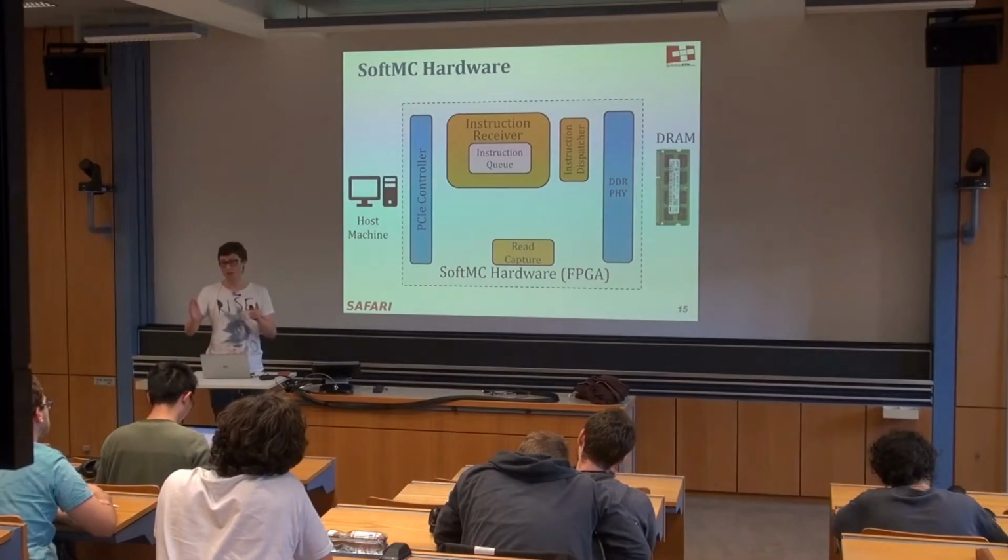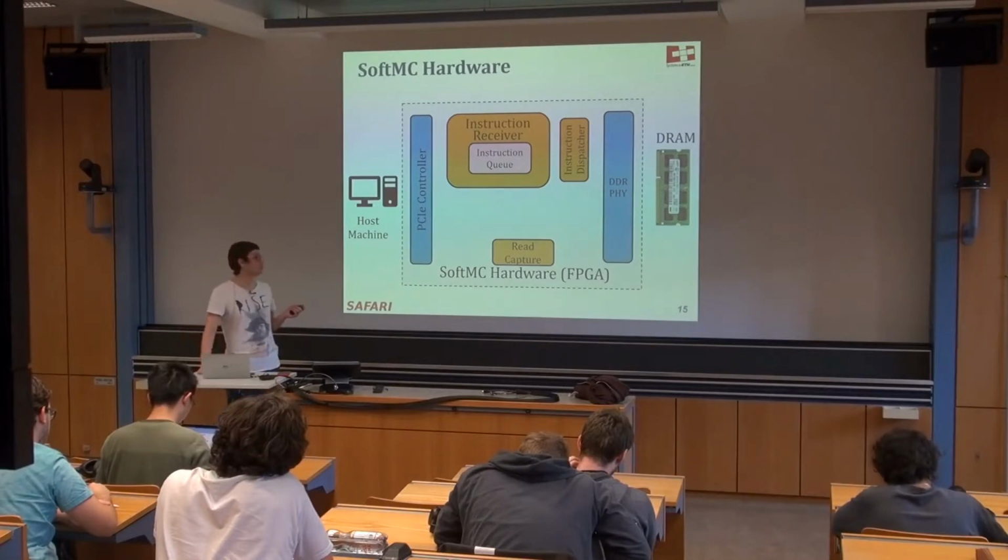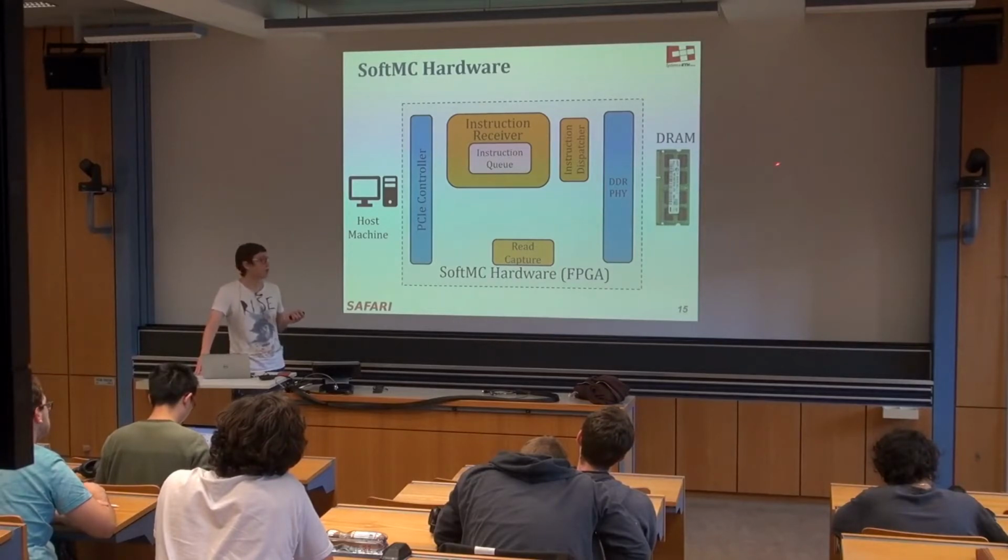Since we don't know exactly when the next instruction will come in, we can't ensure precise timing between the commands. So we need to buffer them first, and then start executing them once we get the entire instruction sequence. And this is circuitry that dispatches those instructions to DDR5, which is an integrated block in the FPGA that can communicate with the DRAM at high speed.